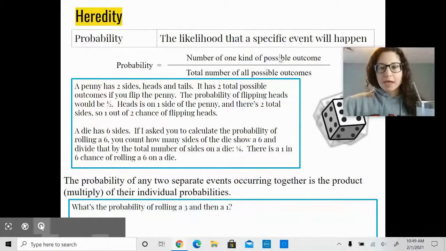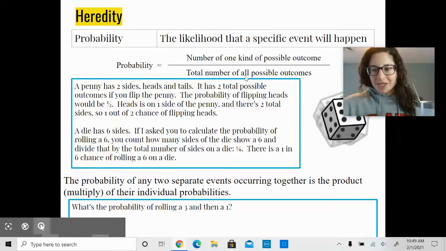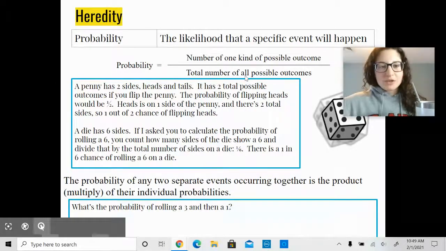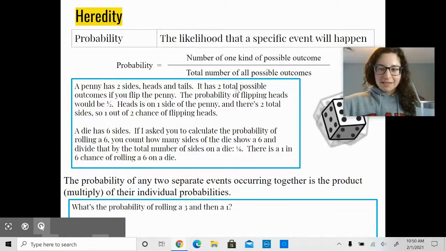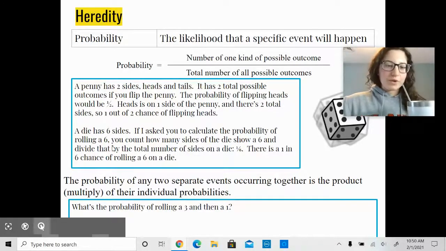So that's the number of one kind of possible outcome would be a 1. Divided by the total number of possible outcomes, that'd be 2 because there's a heads and a tails. So 1 heads divided by 2 heads and tails, you get 1/2, 50% chance. It's a 50% possibility or 1 out of 2 probability that you can flip a coin and have it land on heads.